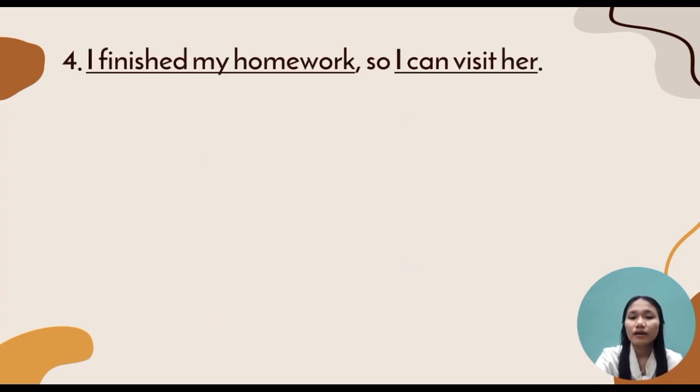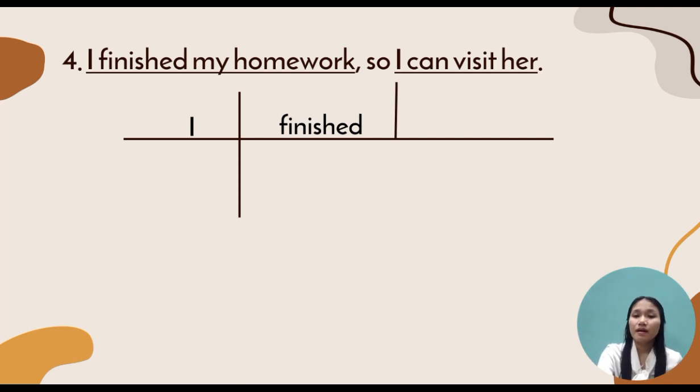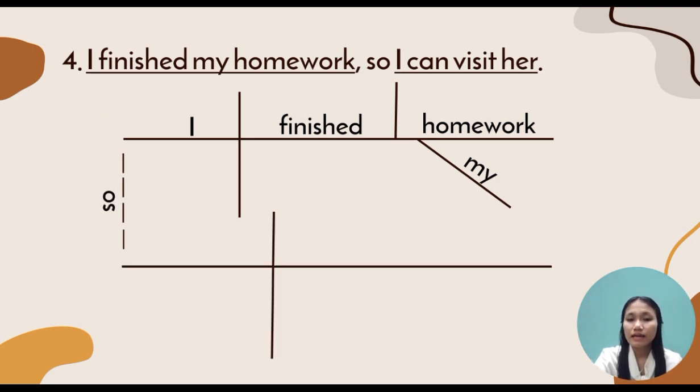Next, I finished my homework so I can visit her. So first, again our subject is I, finished is our verb, and homework is our direct object. So again is our coordinating conjunction, so we are going to make use of a broken line. And next, again we are going to make use of a horizontal and vertical line.